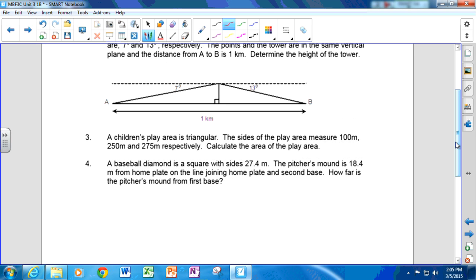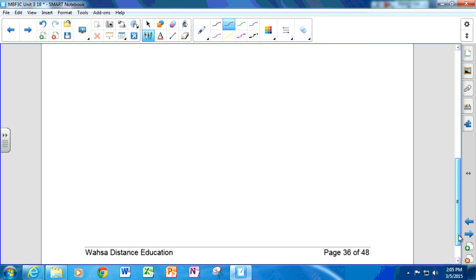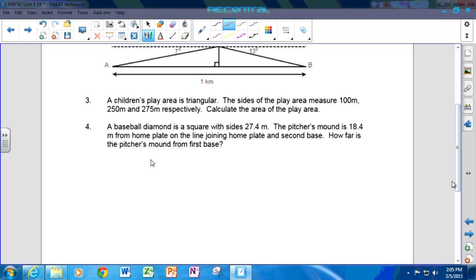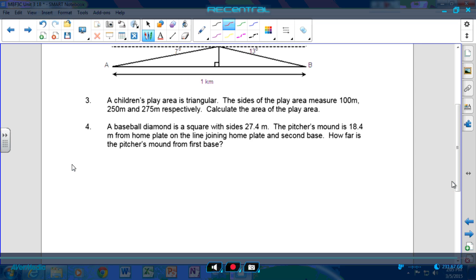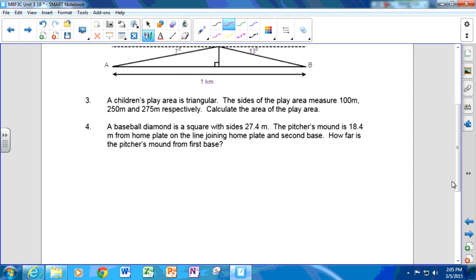What I'm going to do is just talk about the last one in the key questions. Key question 4 is on page 36. The reason I want to talk about this one is that, again, this is one of those questions where having a diagram and understanding the situation is critical.